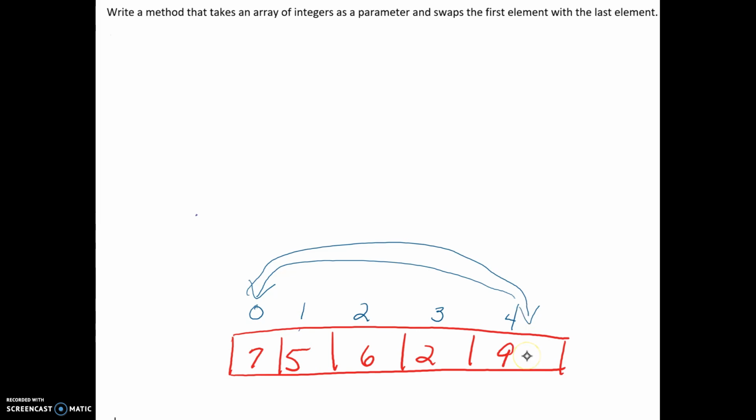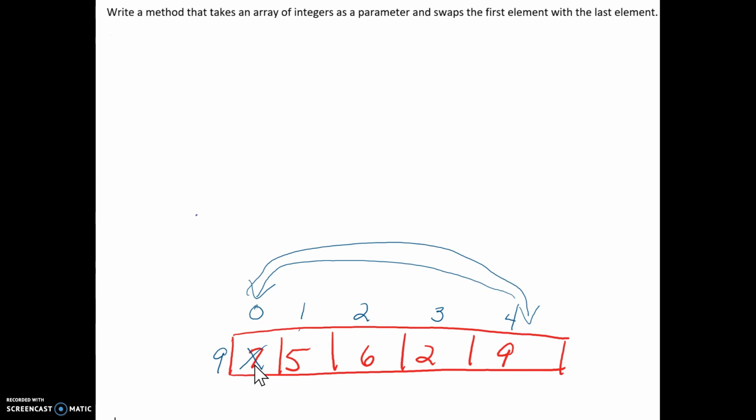So when I take the element that's in index position 4 and I swap it into index position 0, the 7 is replaced with the 9. When I then go to swap index position 0 with index position 4, I've lost the 7 and I've got 9 in both places.